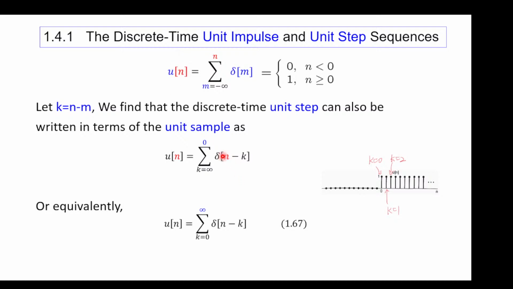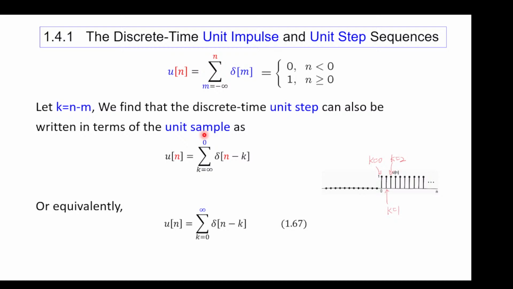So delta of n minus k, and minus infinity for m here becomes plus infinity for k, and when m equal to n, k equal to 0. So k is from infinity to 0.